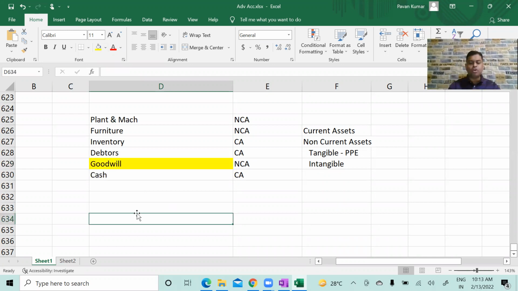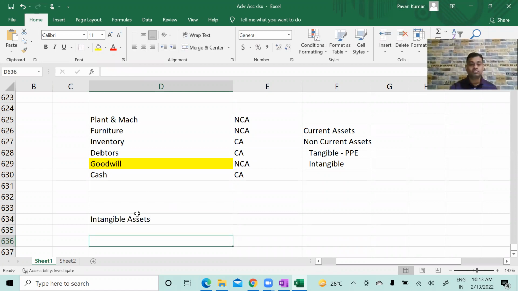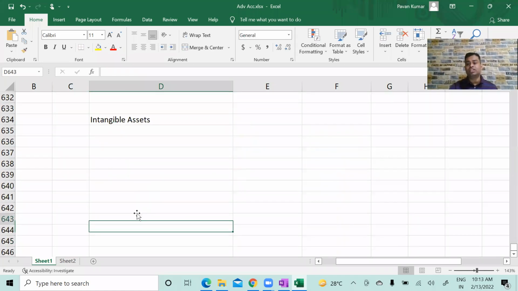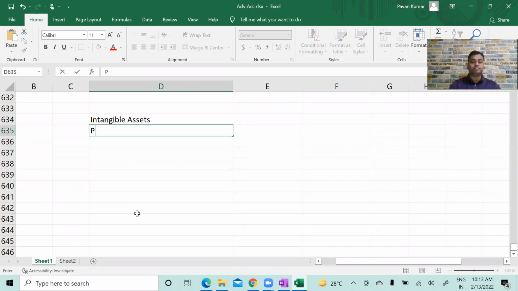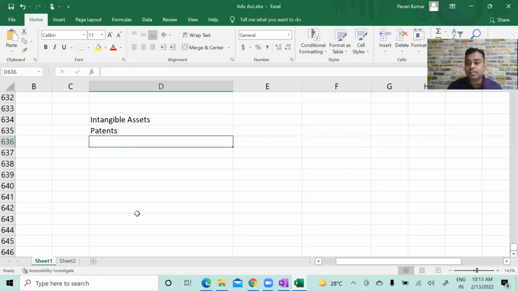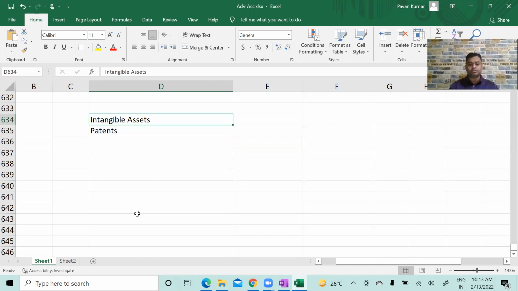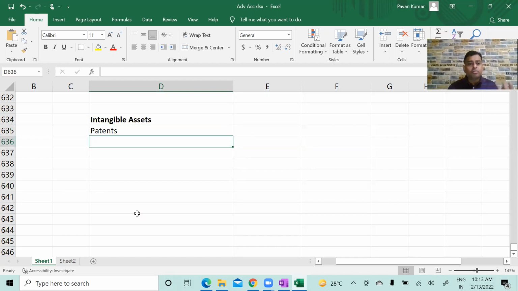Can you give me some more examples of intangible assets? Patents. Okay. Patents, goodwill. Correct. More. Sandeep, I want more examples.